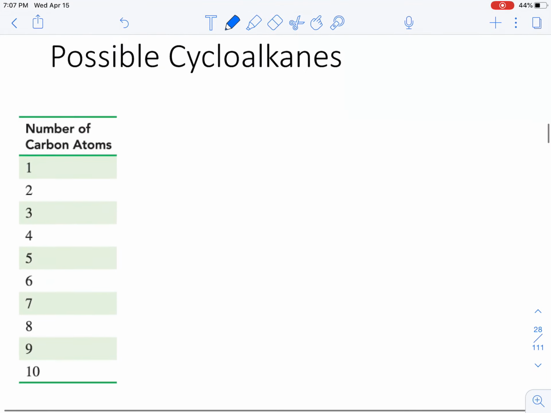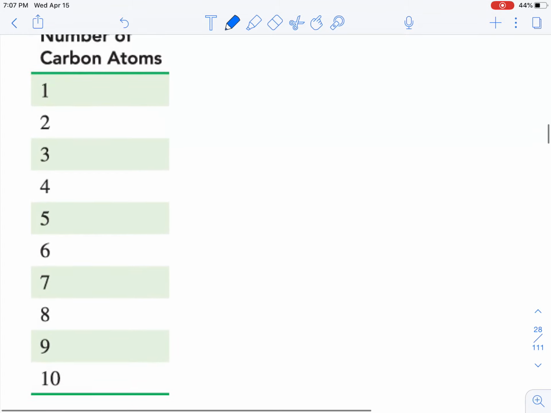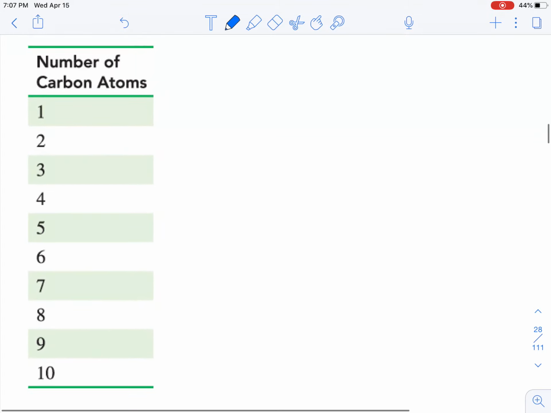All right, so let's go ahead and talk about the possible cycloalkanes. What is the minimum number of carbons that will enable you to produce a cycloalkane? Let's start with carbon 1. Can you form a ring with 1 carbon?